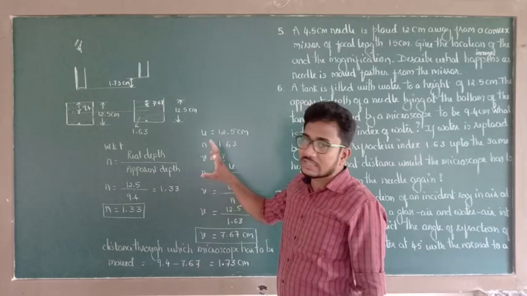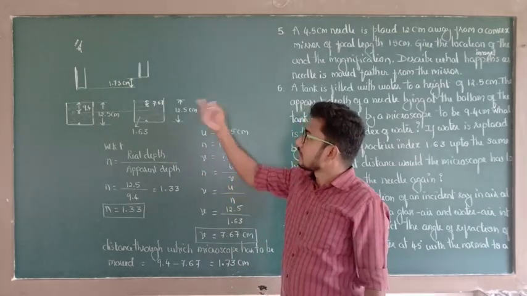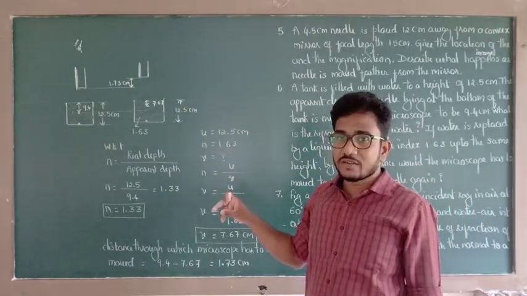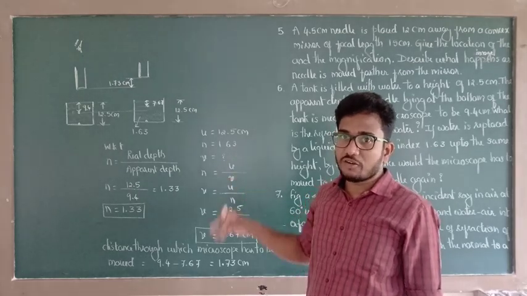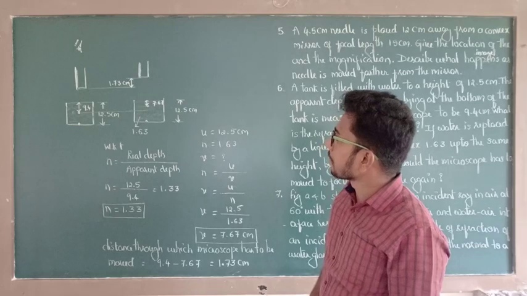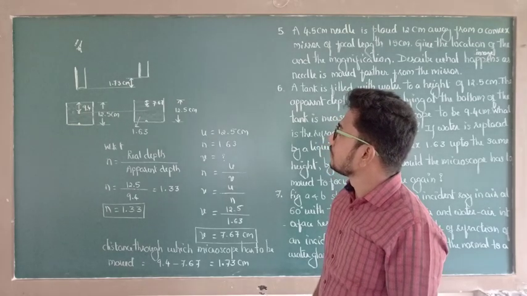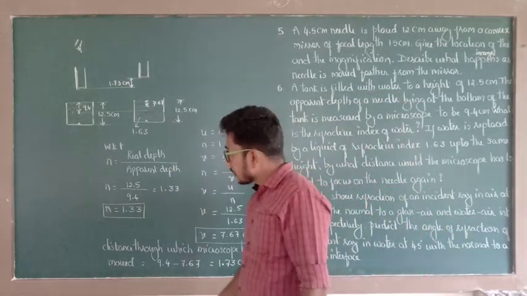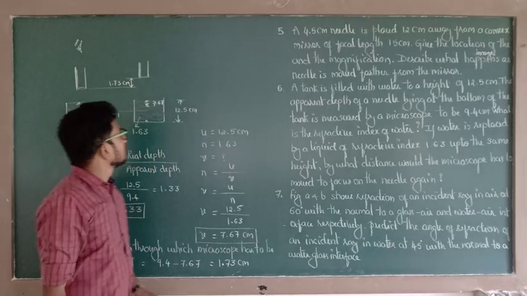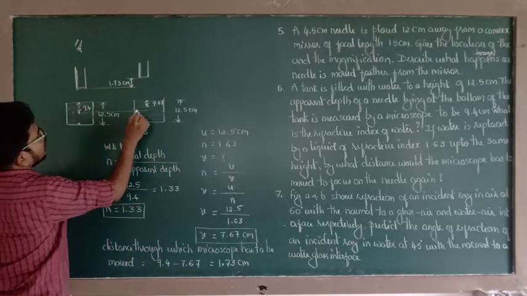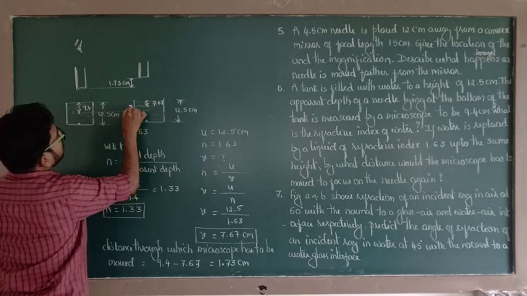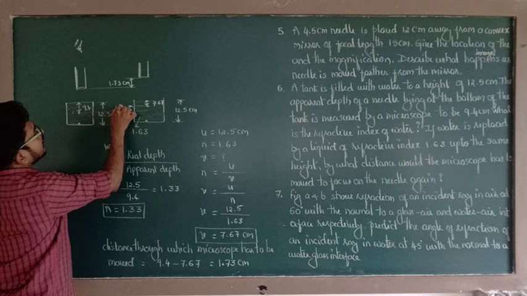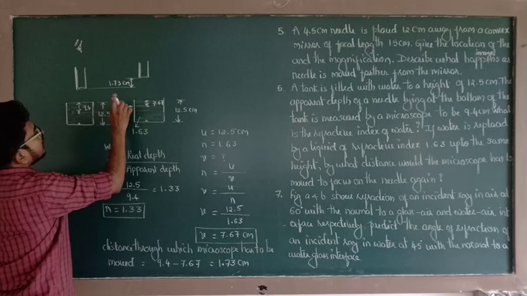So this is what they are asking in your numerical: by what distance we can move the microscope in order to focus the needle again, means in order to get a clear image of that object. So here the change in position of the image, this distance is equal to 1.73, same distance.